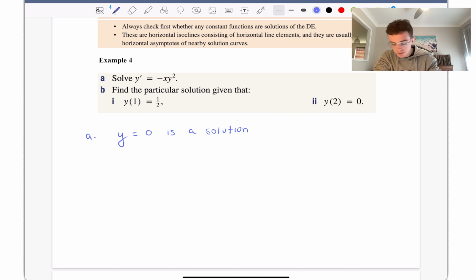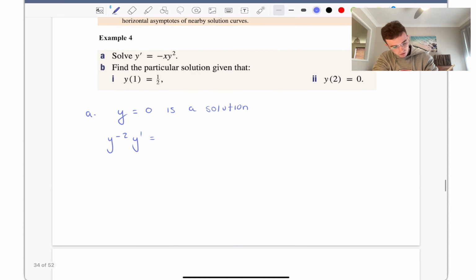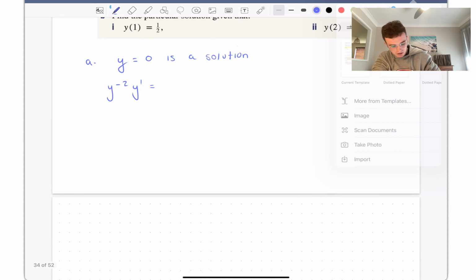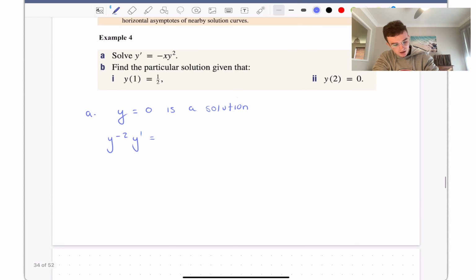Let's have a go at solving this normally though. So we're going to divide the y squared over and say y to the minus 2 y dash is equal to minus x, which means the integral of y to the minus 2 dy is equal to the integral of minus x dx.